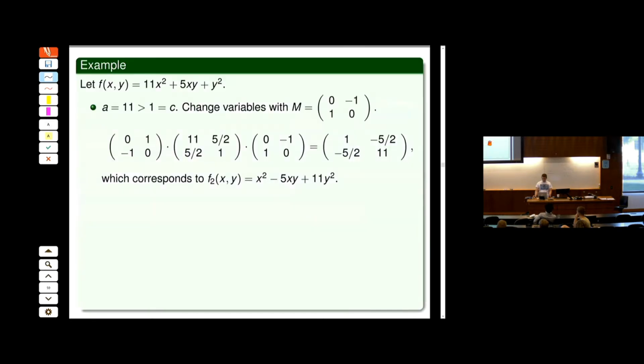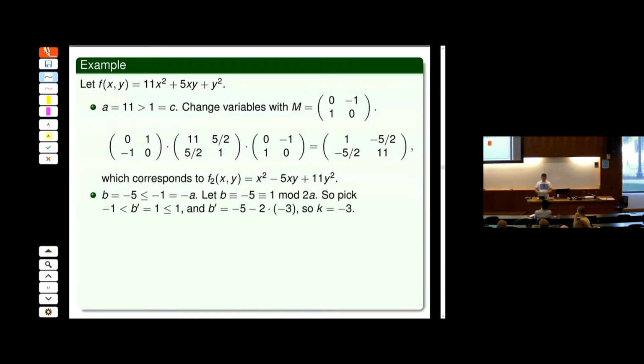variables. Okay, so for instance, if you want to reduce that form that was not reduced, then because 11 is bigger than 1, you change variables with 0, minus 1, 1, 0. To change variables, you follow the formula we had before, and that leads to a form x squared minus 5xy plus 11y squared.